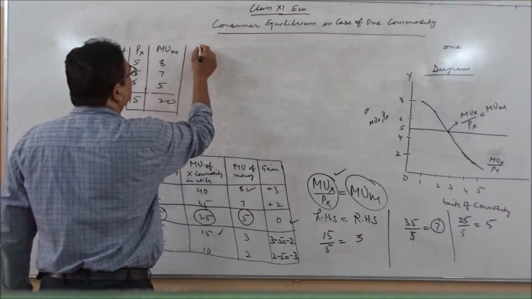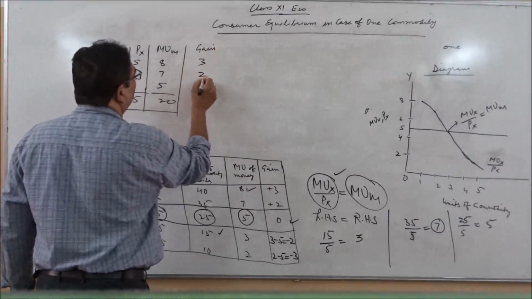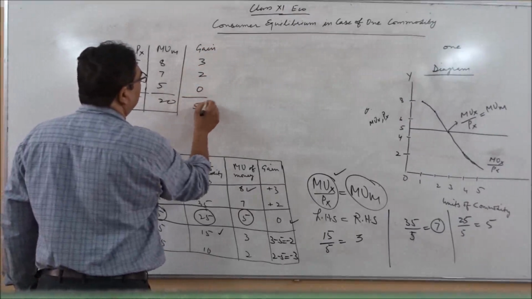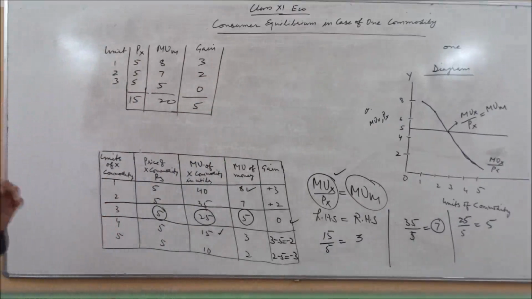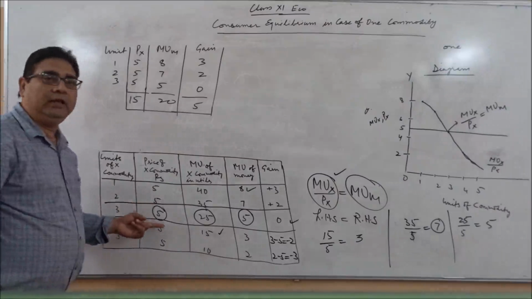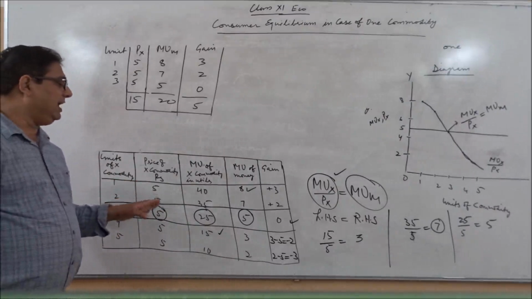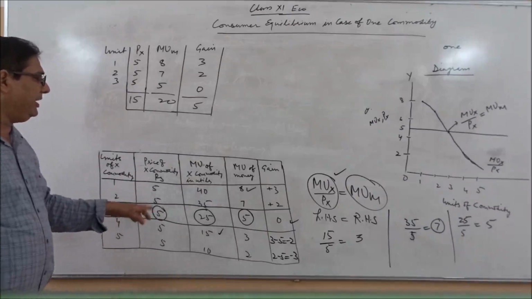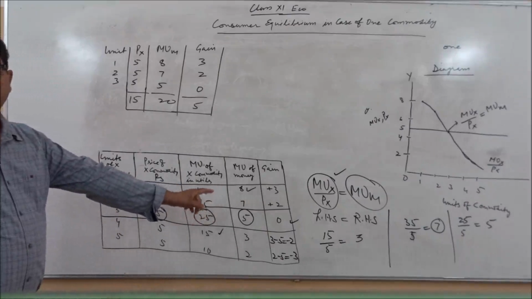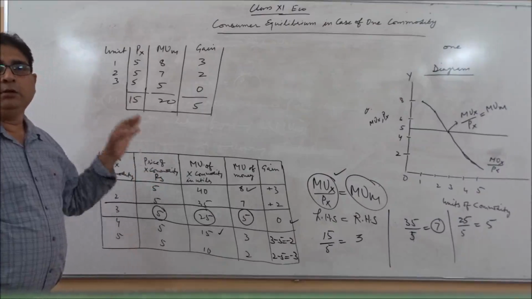So gain is here 3, 2, 0. A consumer will be totally satisfied after purchasing 3 units of that commodity. He will not consume more than 3 units because at the last unit, the third one, the price of the commodity becomes equal to MUM of the commodity. So he will not receive any gain.